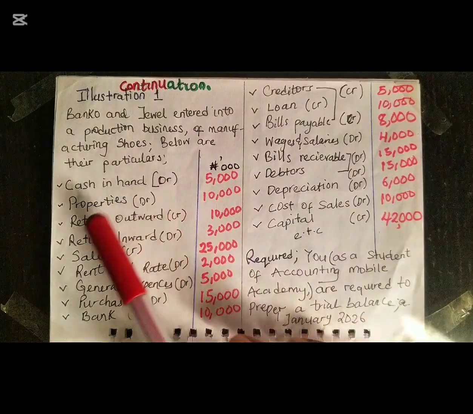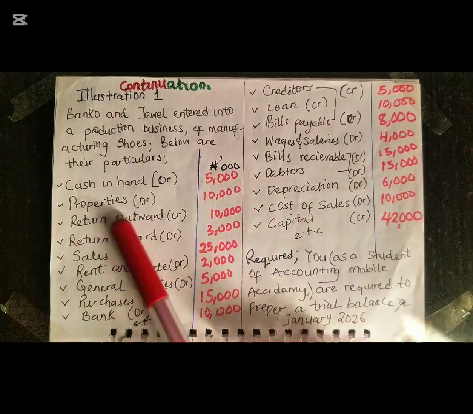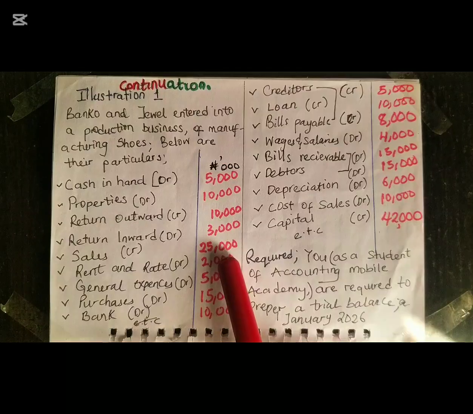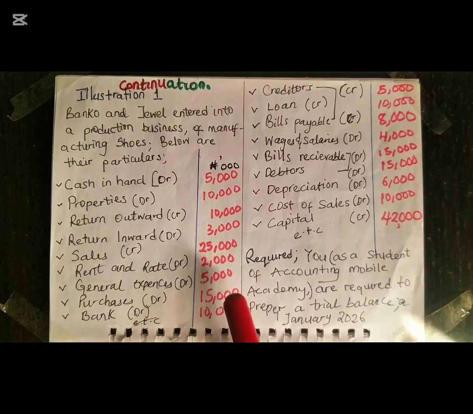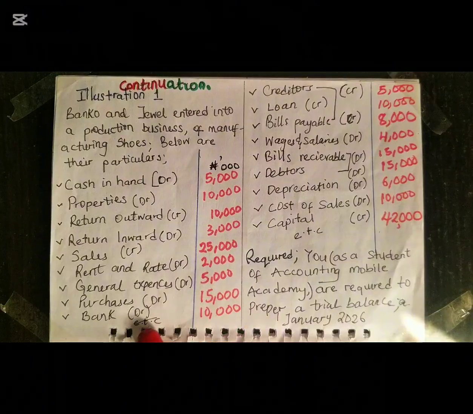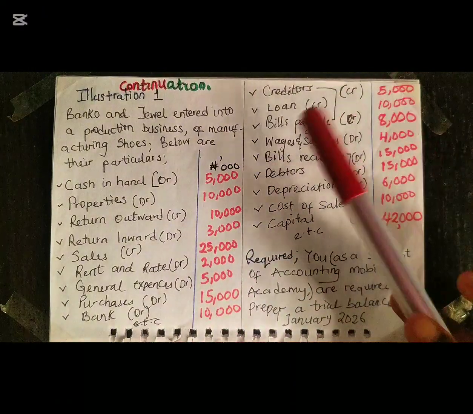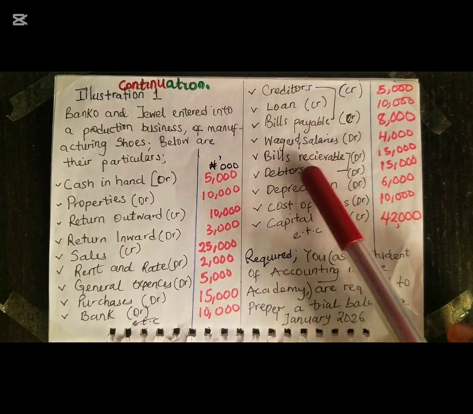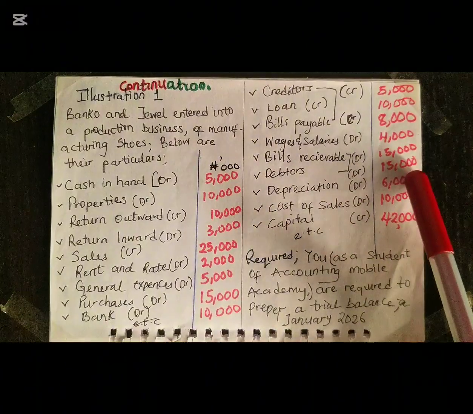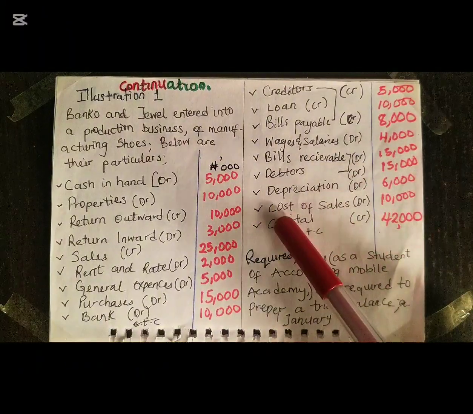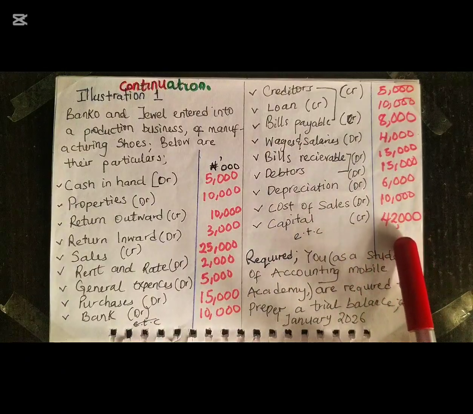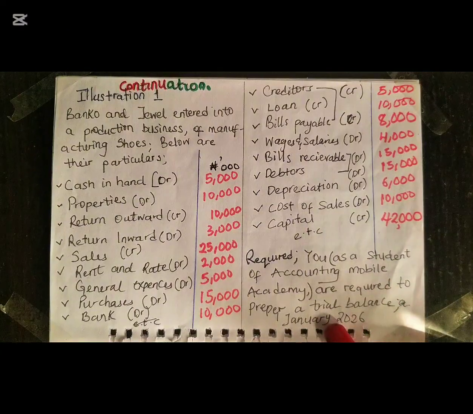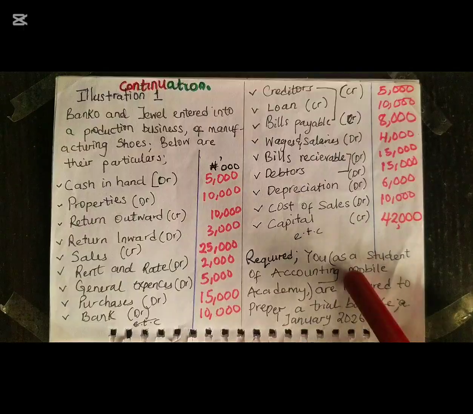Below are their particulars: cash in hand 5,000 naira, properties 10,000 naira, return outward 10,000 naira, return inwards 3,000 naira, sales 25,000 naira, rent and rates 2,000 naira, general expenses 5,000 naira, purchases 15,000 naira, bank 10,000 naira, creditors 5,000 naira, loan 10,000 naira, bills payable 8,000 naira, wages and salaries 4,000 naira, bills receivable 15,000 naira, debtors 15,000 naira, depreciation 6,000 naira, cost of sales 10,000 naira, capital 42,000 naira.